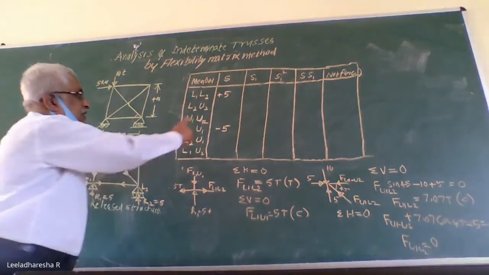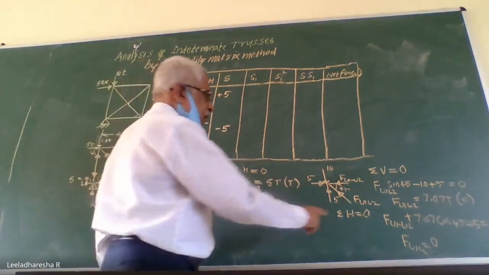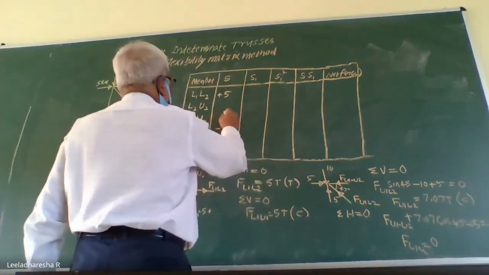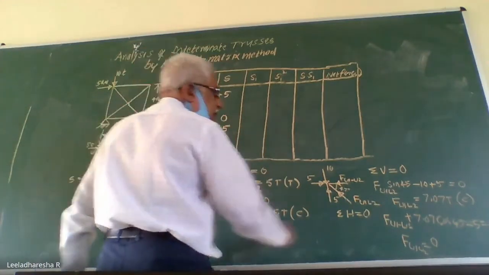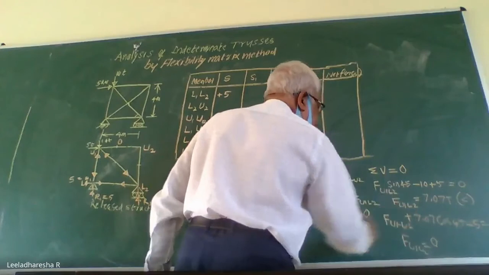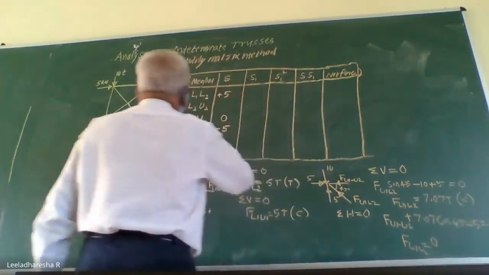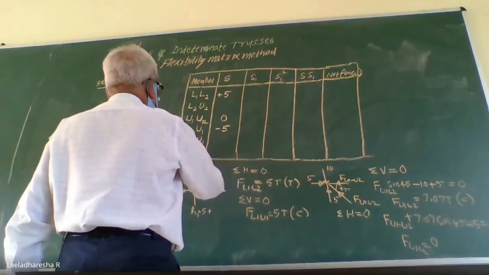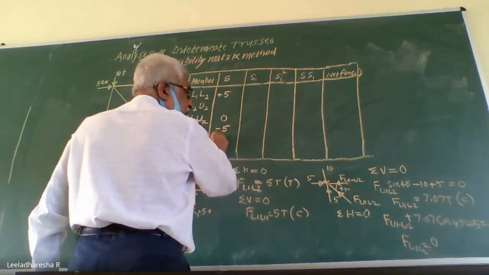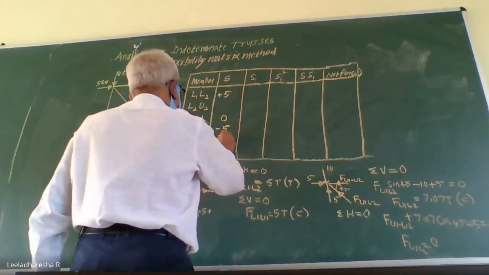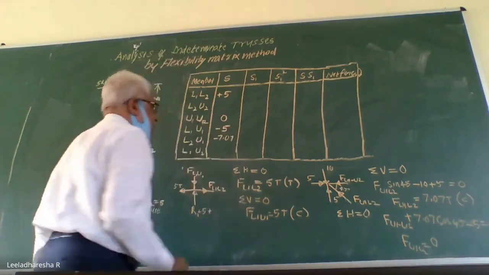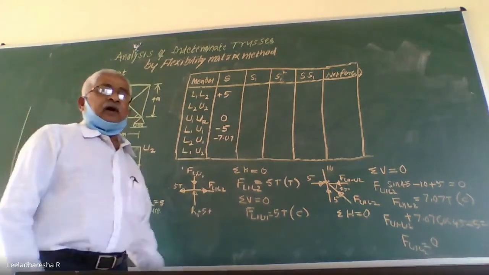See, now we can write these two values here. F U1 U2, it is 0, then F U1 L2, minus 7.07, minus sign because it is a compression member.